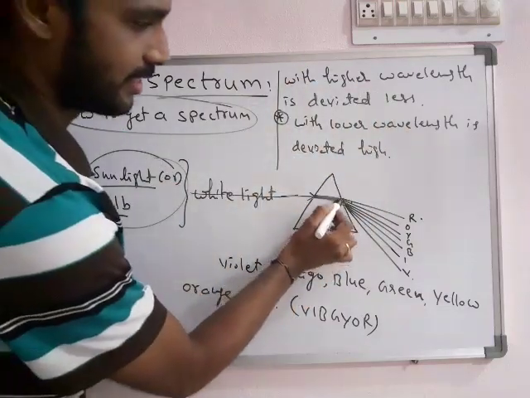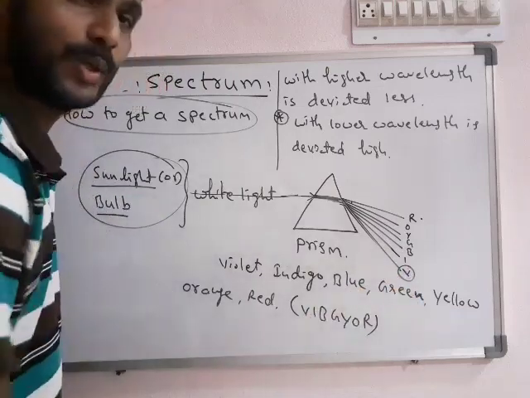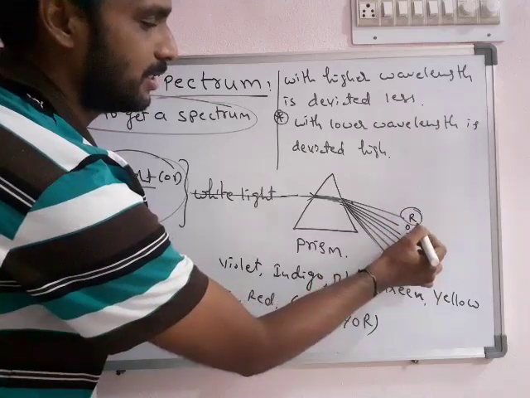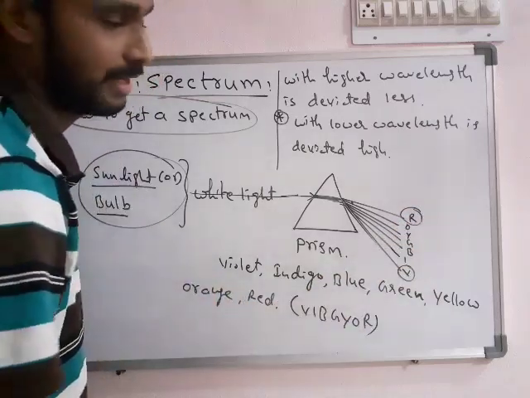Here violet deviated very high. We know the violet is having lower wavelength. Here the deviation of red is very less, and we know that red is having the highest wavelength.